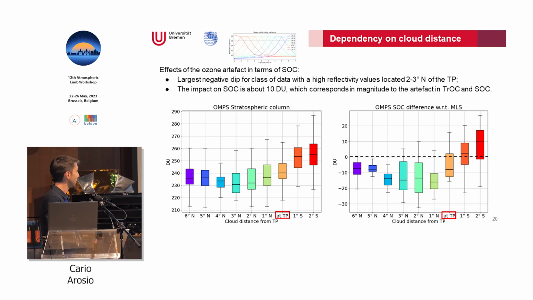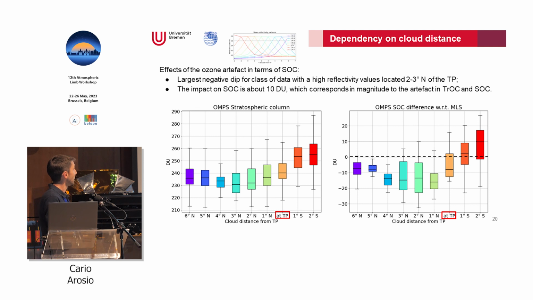the SOX. And so this orange box refers to the case at the tangent point, and on the left it's just the stratospheric ozone column values, and on the right the difference with respect to MLS.